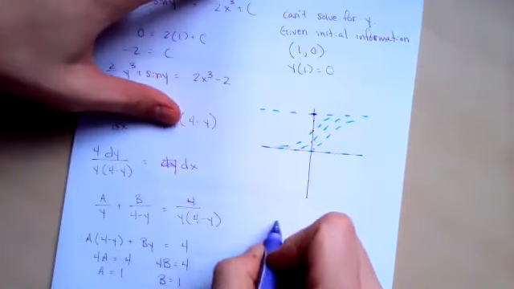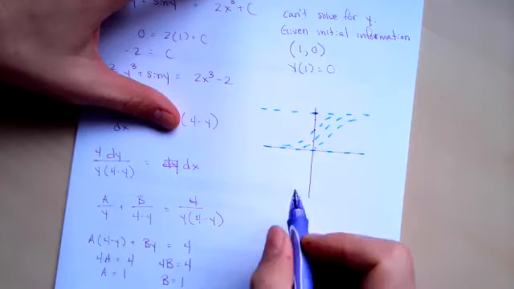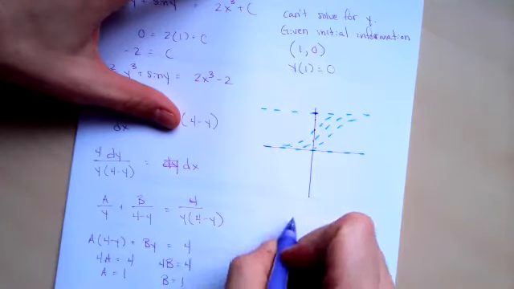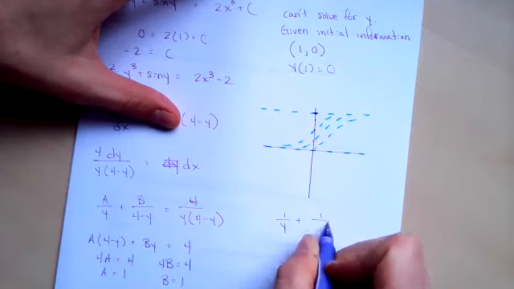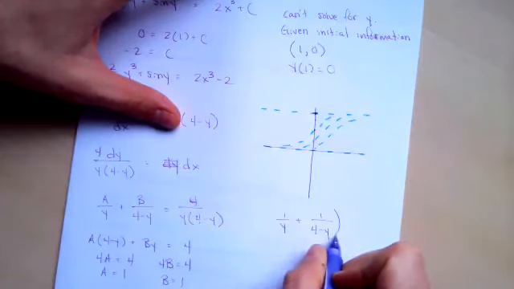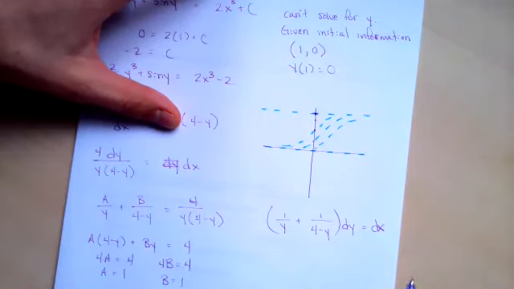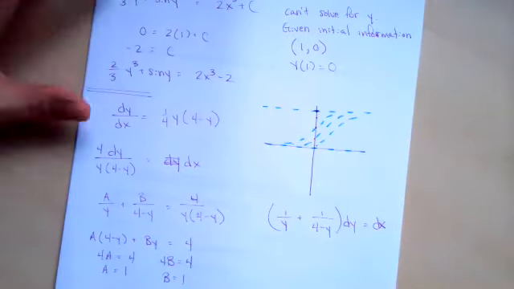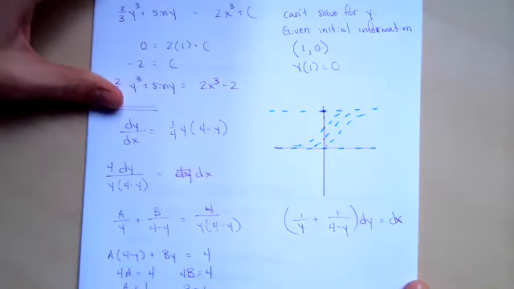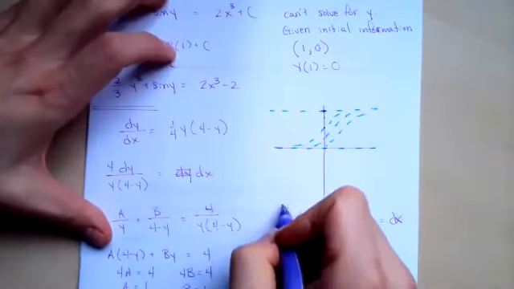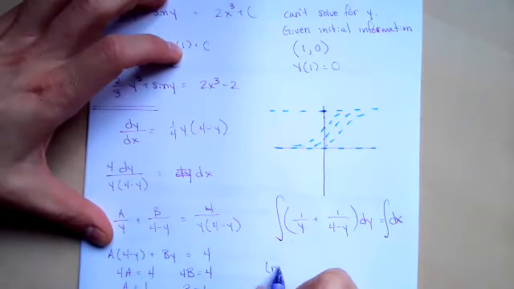And so what do we want to do? We've now got the partial fractions decomposition in the differential equation. So we've got 1 over y plus 1 over 4 minus y, dy equals dx, is our differential equation. And now we can integrate both sides. So we should get natural log of y.